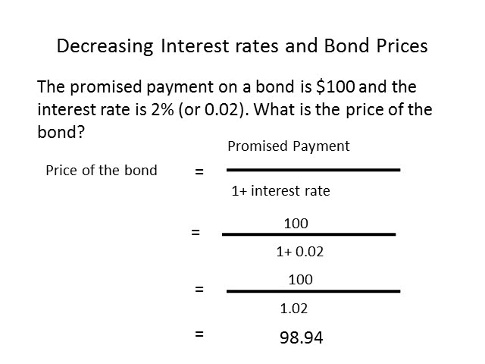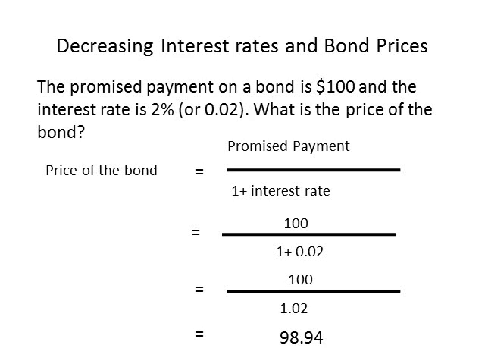The promised payment on the bond is $100 and the interest rate is 2% or 0.02. What is the price of the bond? Once again, we start out by writing down the formula. The price of the bond is equal to the promised payment divided by 1 plus the interest rate. Next, we substitute $100 for the promised payment and 0.02 for the interest rate.